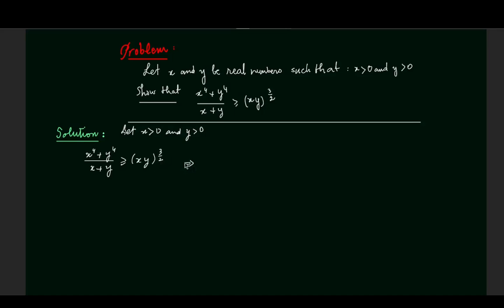That's equivalent to, since we won't forget that everything here is positive, so x and y are positive, all these numbers are positive, so we will multiply both sides by x plus y, and so we have x to the fourth plus y to the fourth is greater than or equal to (x plus y) times xy to the 3/2.